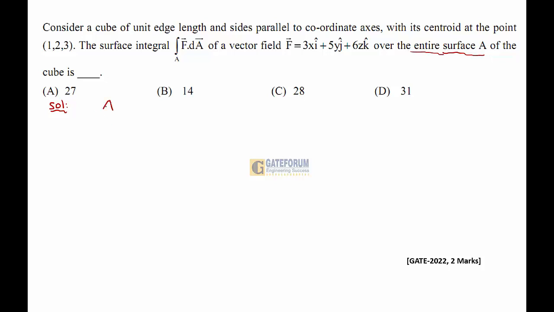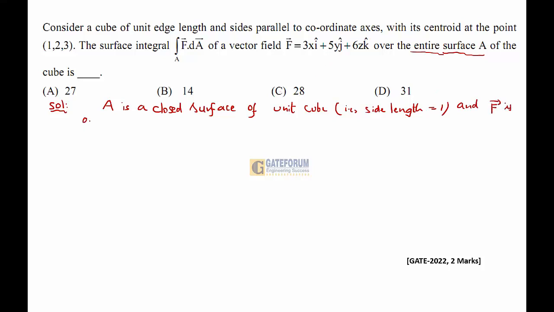So A is a closed surface of a unit cube, that is, side length is equal to 1, and f bar is a differentiable 3-dimensional vector function.